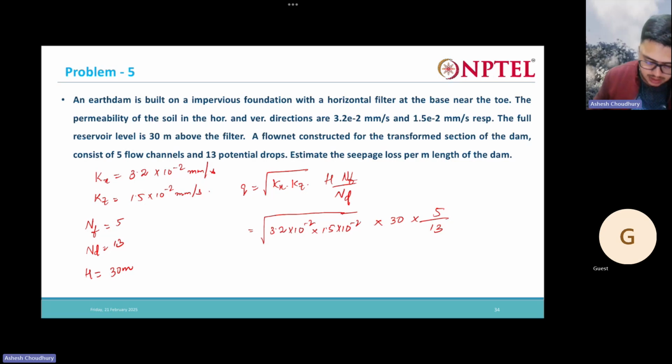How much are you getting? 2.8. You check these values yourselves. Okay, do these problems again by yourself and check the results. Okay, per meter.